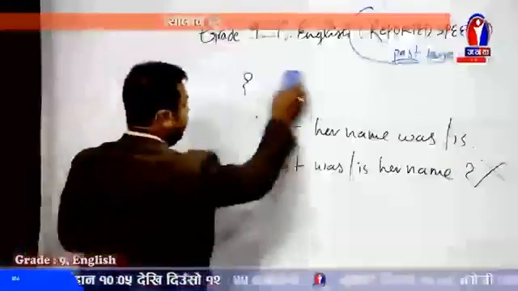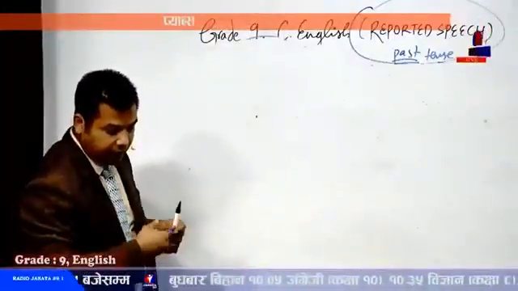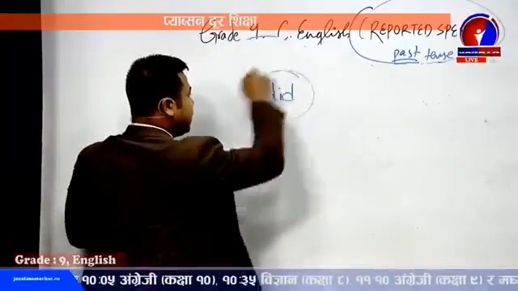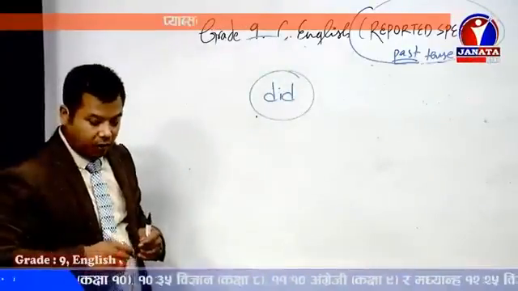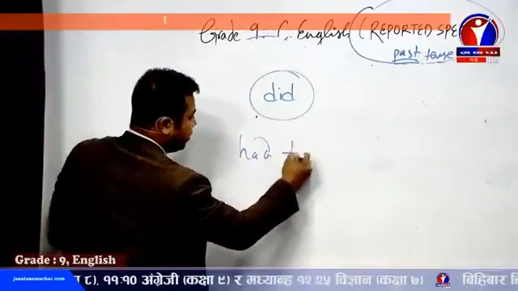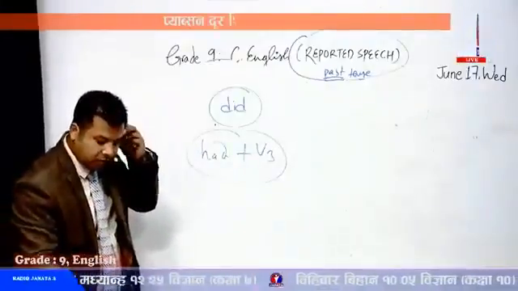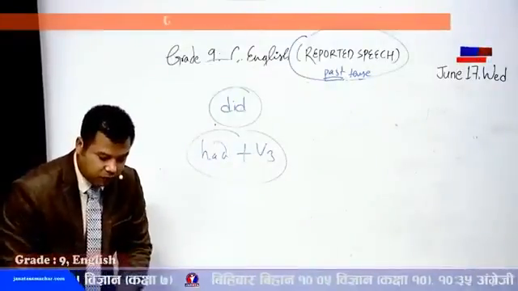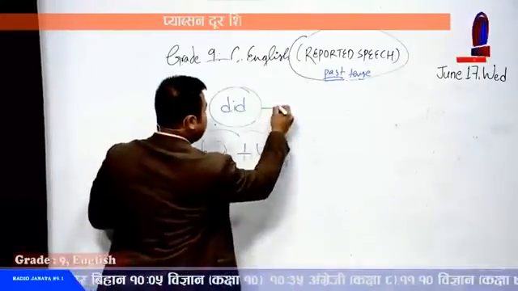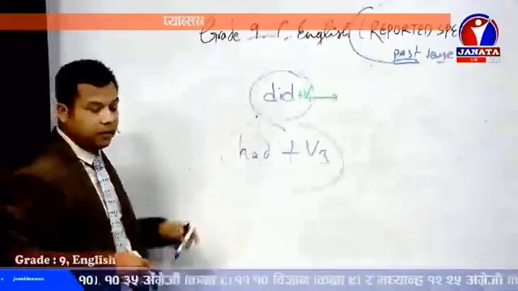Now, interesting thing here, again, look at the tense: the direct speech has did, but in the answer you have had plus verb 3. Why this transformation? I have already told you this transformation is possible because of the rules. What is did plus verb 1?